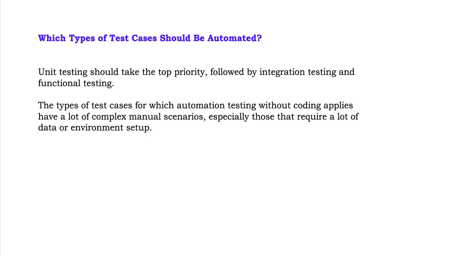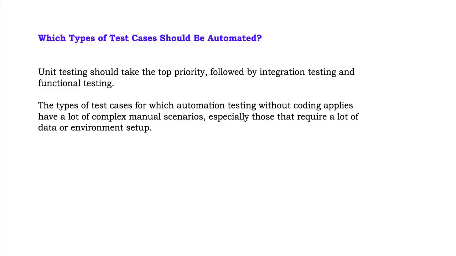There is no other option, and it requires a lot of setup. There are also certain criteria where you cannot automate at all. Suppose you want to scan a QR code. Such scenarios cannot be automated. You have to test it manually.